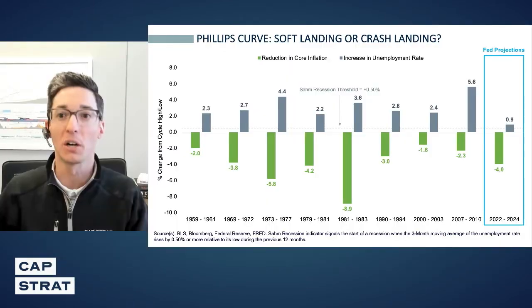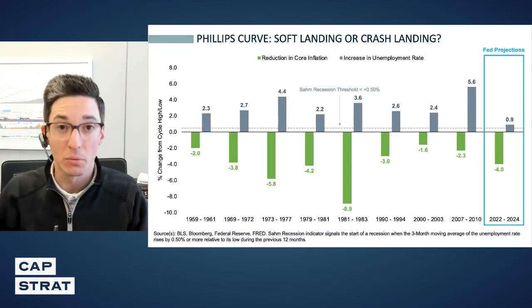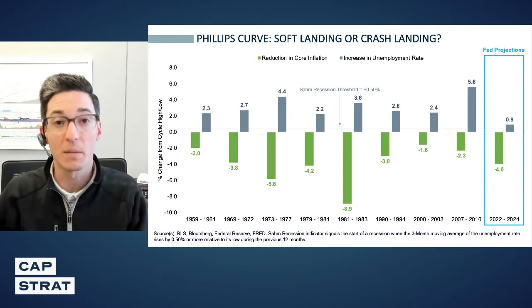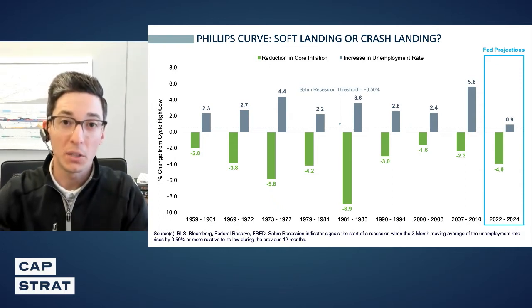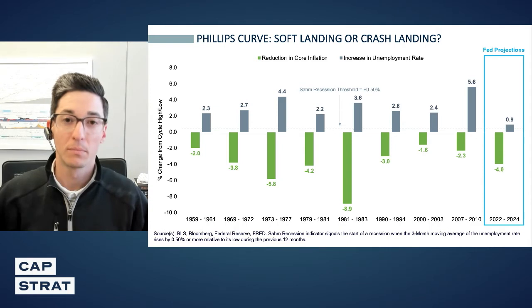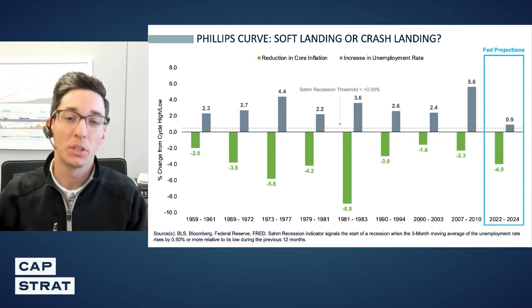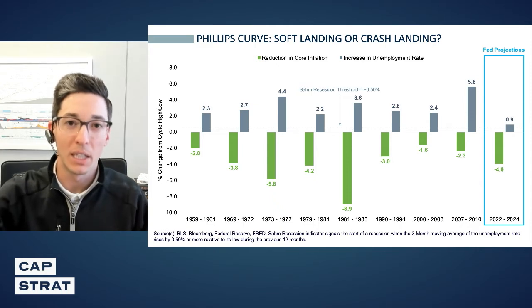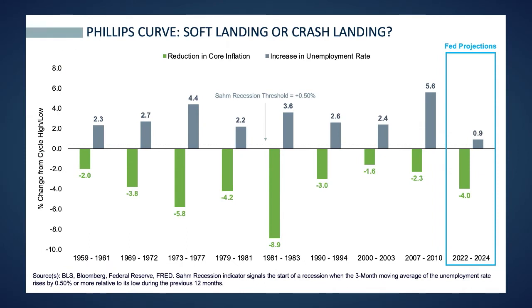So if we look at the next chart, we look at the first relationship here. This is your classic Phillips curve relationship, which basically means if the Fed wants to decrease core inflation, how much can they reduce core inflation without tipping the economy into recession by increasing unemployment? So immediately we're getting at this trade-off.